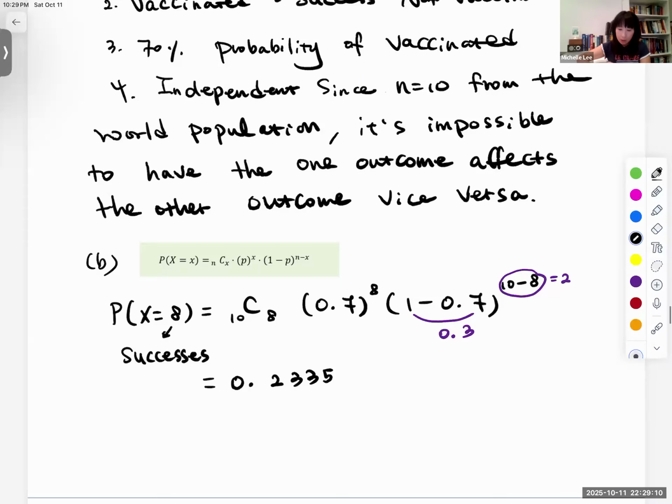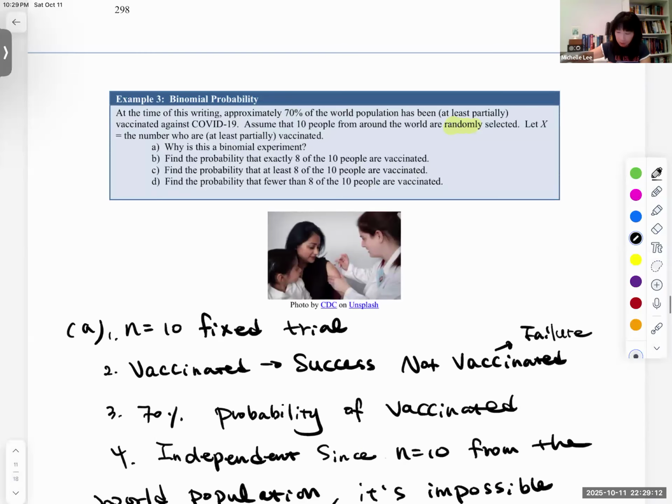Okay, so let's take a look. Find the probability that at least 8. So what does at least 8 mean? 8 or more, until 10, right? We had earlier the inequality symbols.